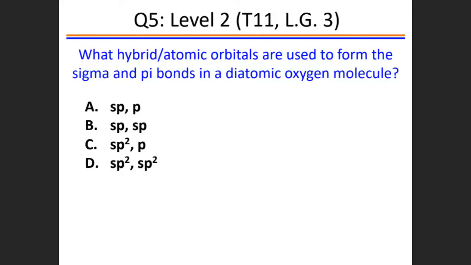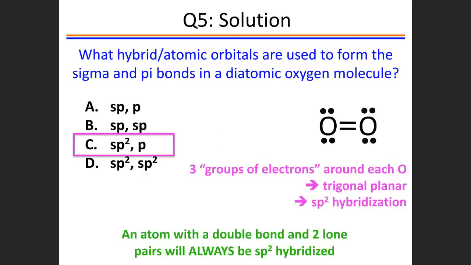So what hybrid orbitals are used to form the sigma and pi bond in diatomic oxygen? I think diatomic oxygen is like that. So if you move on, yeah, see, sp2 and p. Why sp2 and p? An atom with a double bond and two lone pairs will always be sp2 hybridized. What hybrid or atomic orbitals are used to form sigma and pi bond? Oh, okay, got it. For the pi bond, they are talking about the unhybridized p orbital.